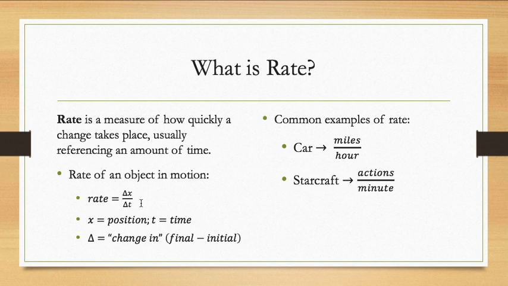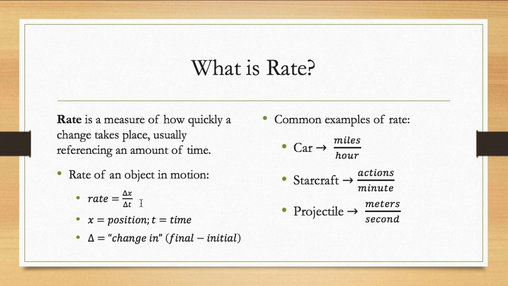How well someone was doing was measured in actions per minute, meaning how many times they were clicking and doing something in a given minute. The more actions, usually the better the player. The projectile relates back to the physicsy kind of thing, where we're measuring how many meters this ball is moving in a given second.